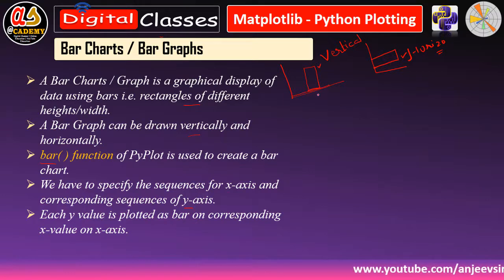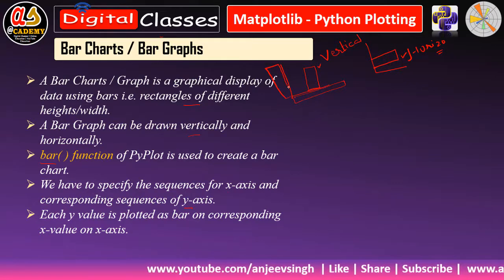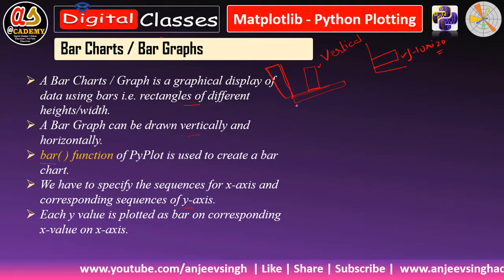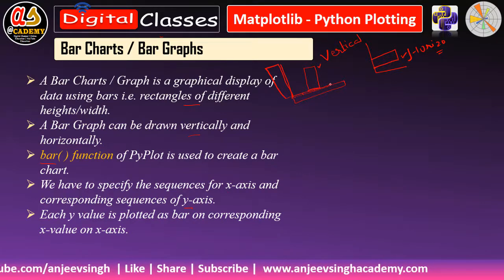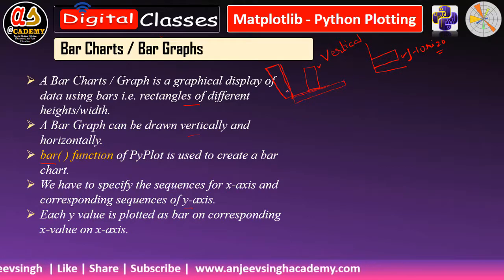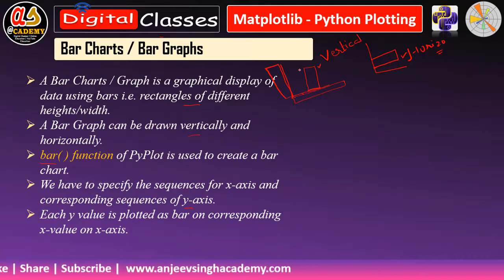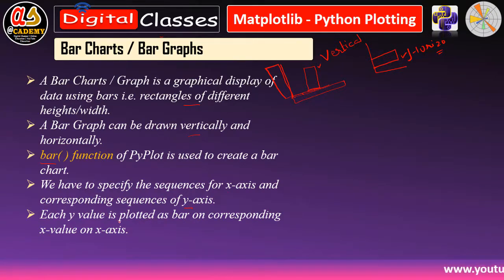Means you have to tell the value for the x-axis, and then the value for the y-axis. Whatever value you give for the x-axis just works as a label for your x-axis, and for whatever value you give for the y-axis, the corresponding bars will be drawn. So each y value is plotted as a bar on the corresponding x value on the x-axis.